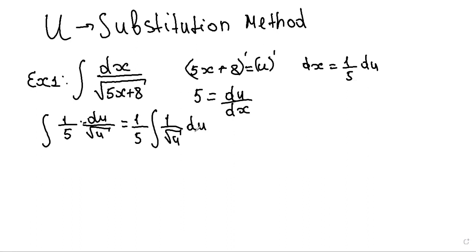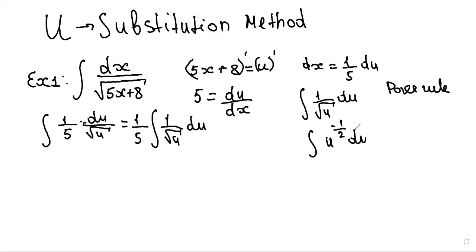We can simply integrate this by applying the power rule, writing it as u to the negative 1 over 2 du. The power rule says the integral of u^n is u^(n+1) divided by n+1, where here our n is negative 1 over 2.